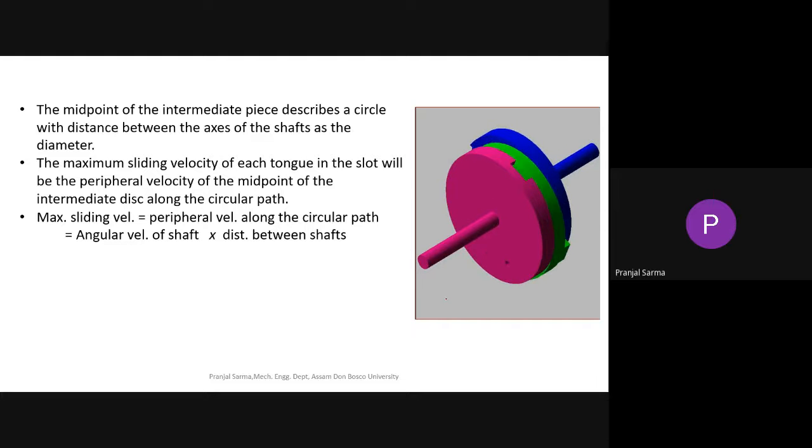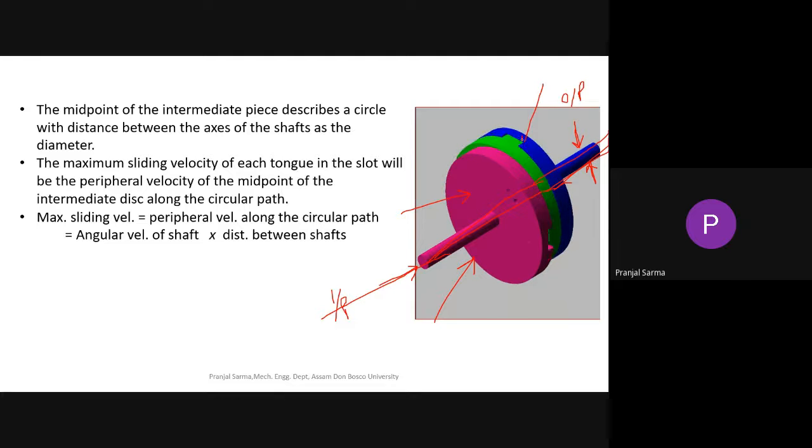Here you can consider this blue portion as the input shaft. If you look, this axis and this axis are parallel, but they are at a certain distance apart. So for that we are using this Oldham's coupling to transfer the motion.